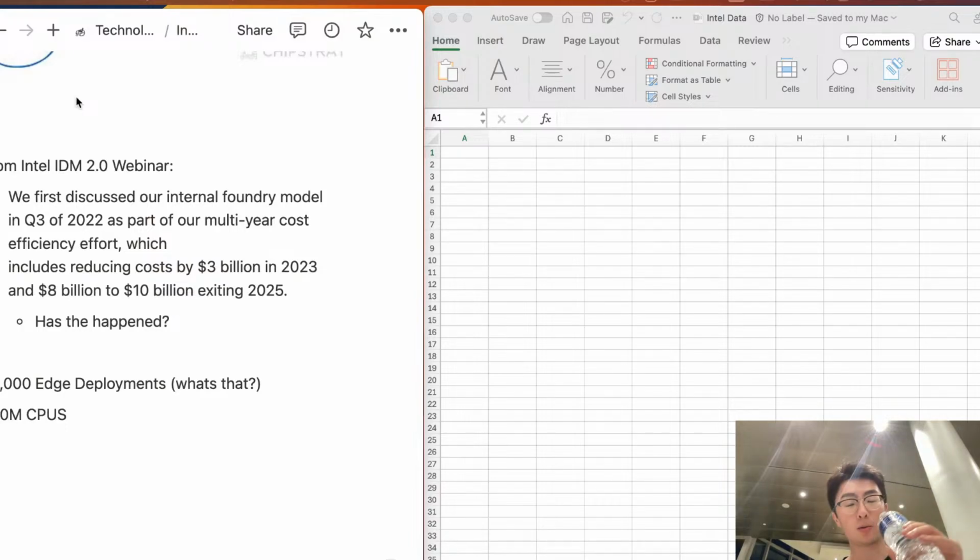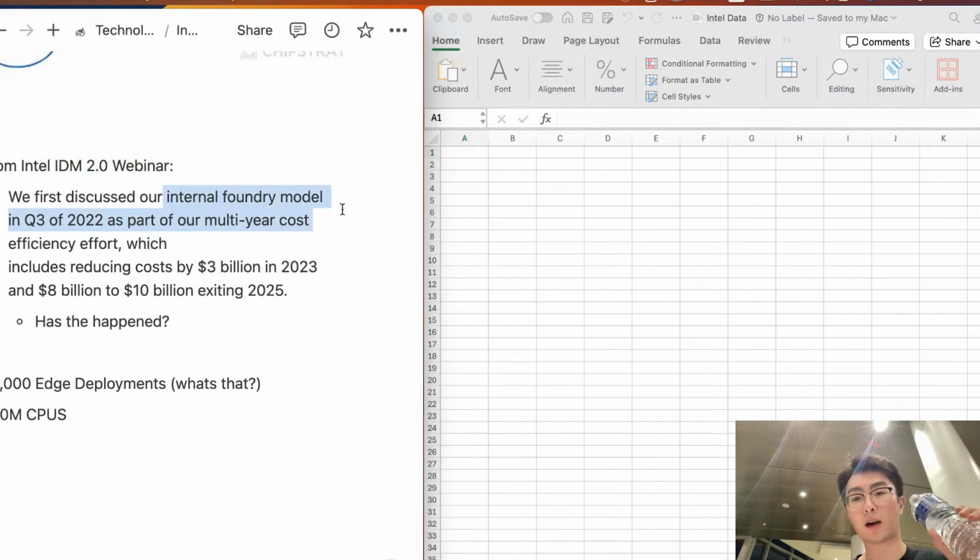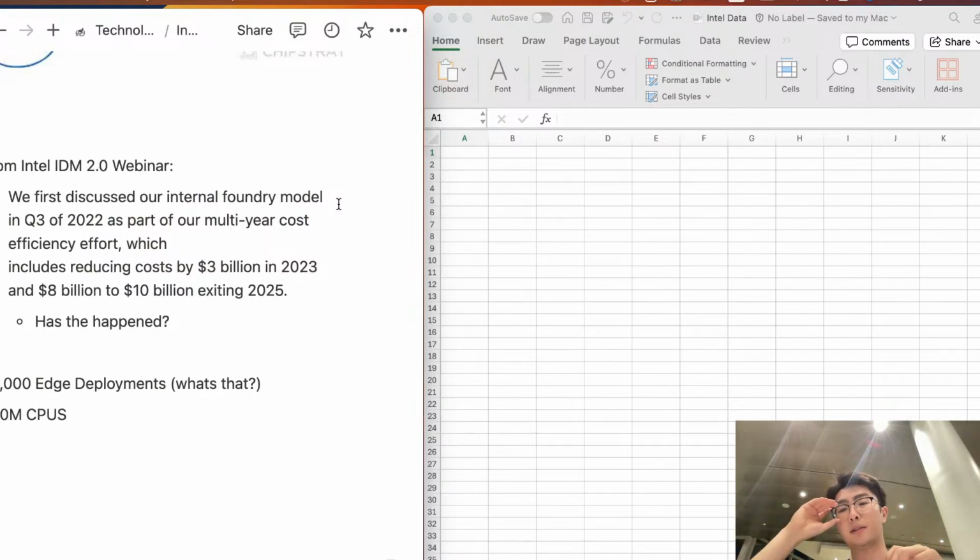So Intel IDM 2.0, I think this is their new business model. The Intel Foundry used to be some type of cost center within the business itself. They weren't keeping track of how much was being spent on producing chips.